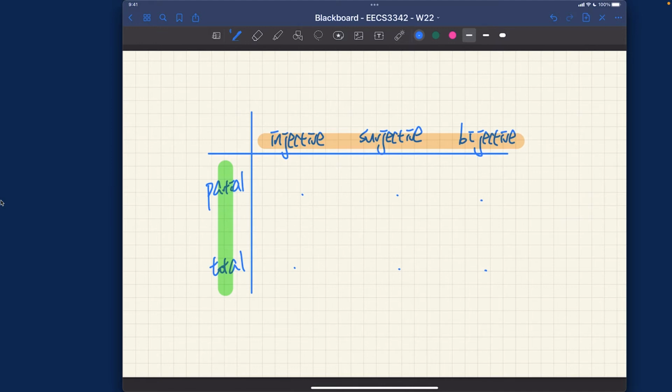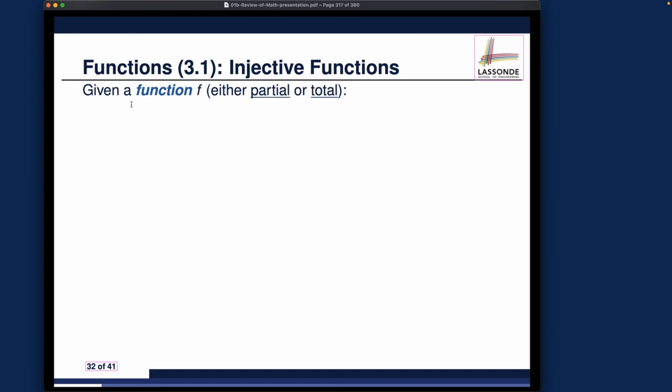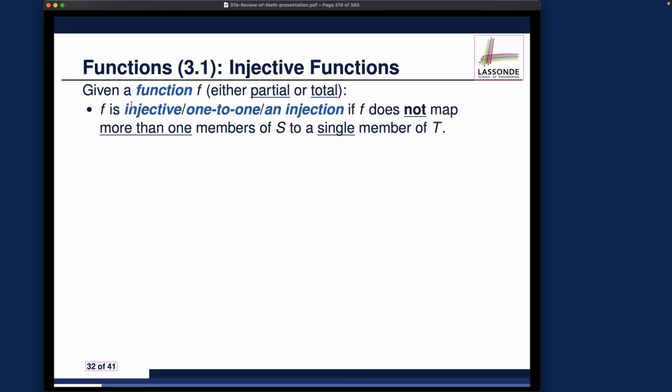All right, let's now talk about examples. Actually, definition first. If a function is injective or one-to-one or an injection, so either of these terms can be interchanged. So you can say any one of them. I believe most of you may have actually seen this saying maybe more often in the earlier math course, but in this course, you definitely have to make sure you know each one of them.